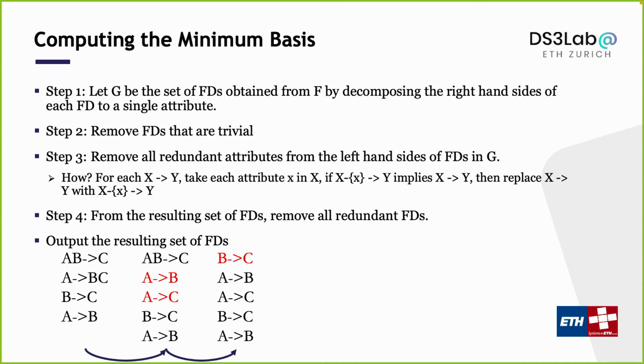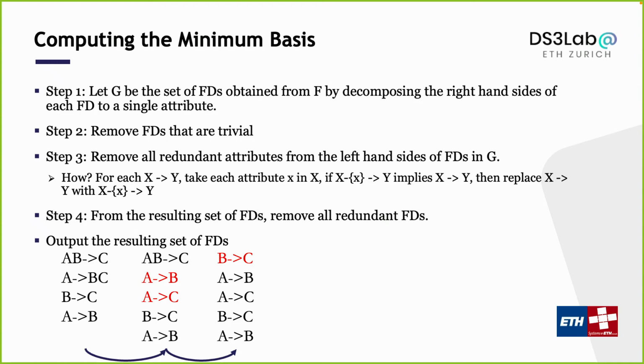And then step 3 is to try to remove redundant attributes from the left-hand side. In this case, if you look at the first rule, A, B to C, we try to think about whether all the attributes on the left-hand side are really necessary. What if we remove A from the left-hand side? What if you only have B to C instead? Can we derive A, B to C from that?